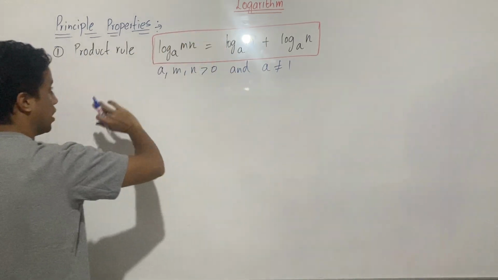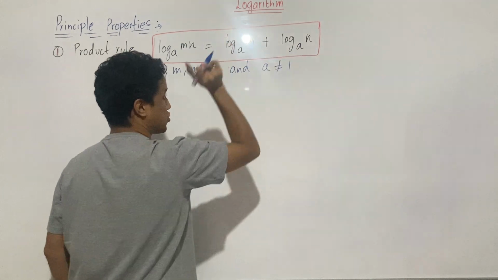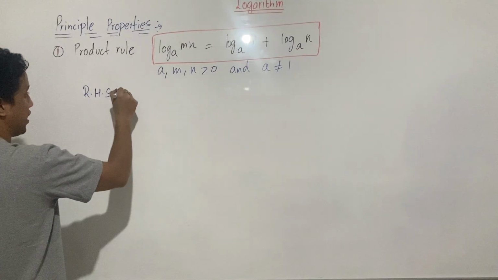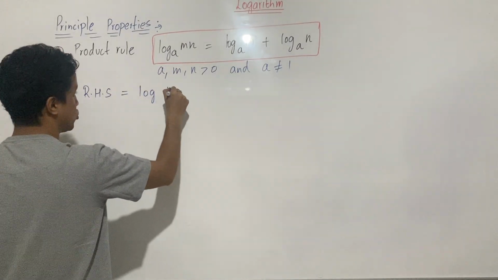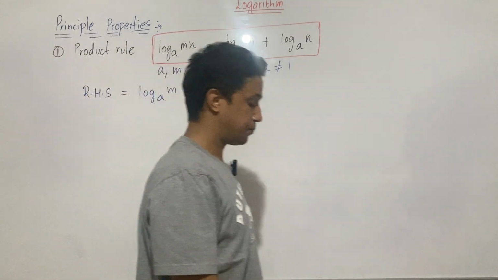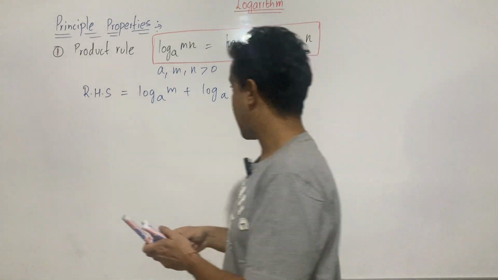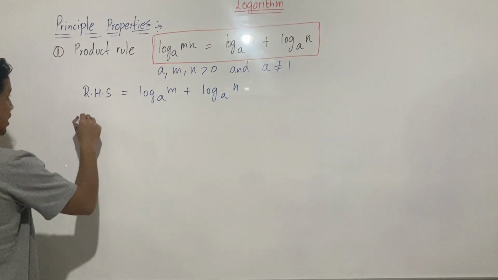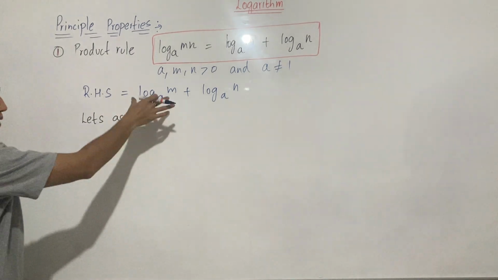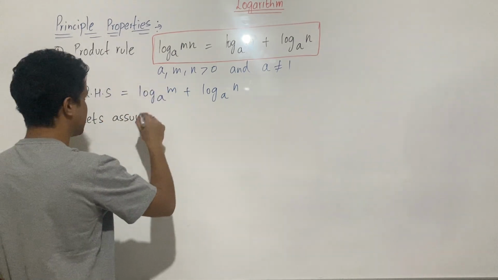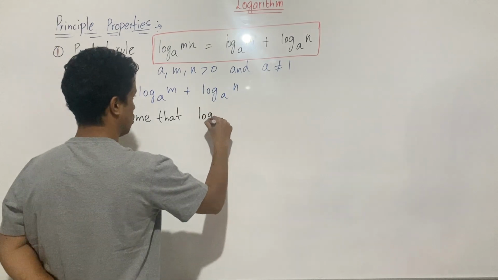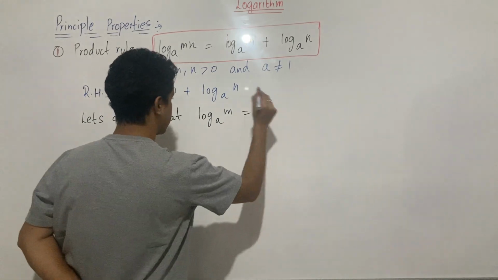The right hand side is log m to the base a plus log n to the base a. Let's assume that log m to the base a equals x.